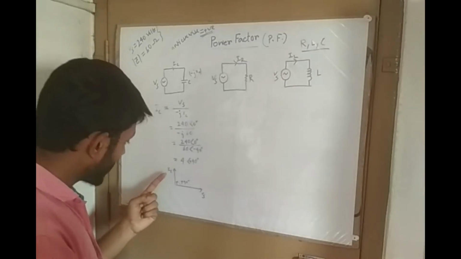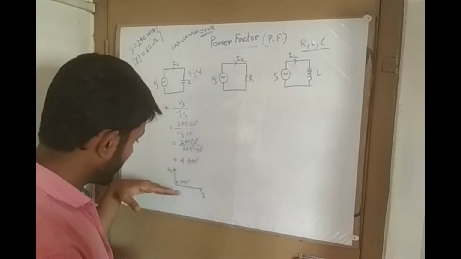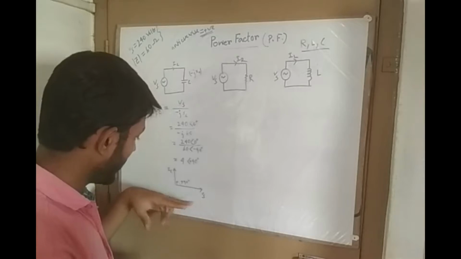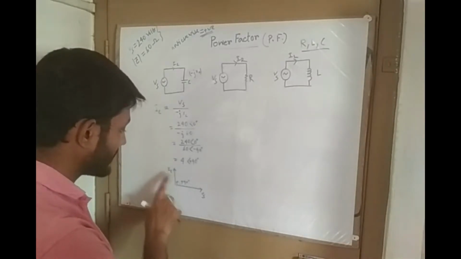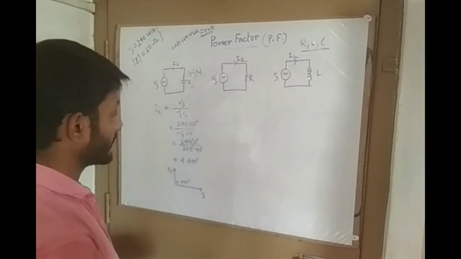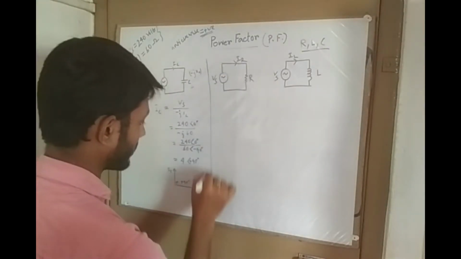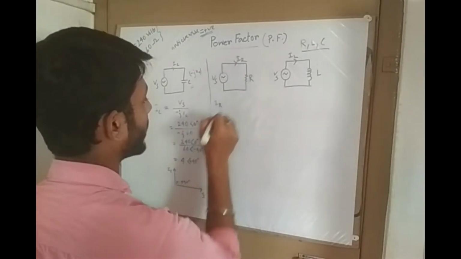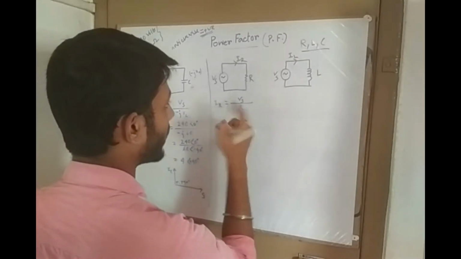That means this IC current, the capacitive current, is leading this reference voltage Vs by plus 90 degree. So this IC is leading this Vs. Here it is a capacitive load. Okay. And for this resistive load, if we see, IR will be equal to Vs divided by R.